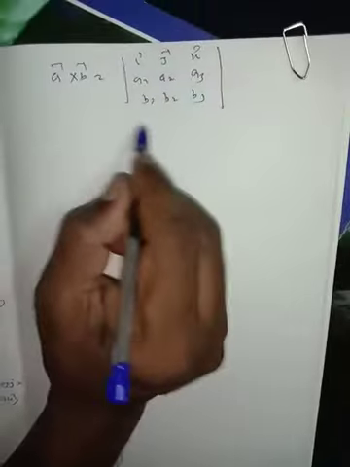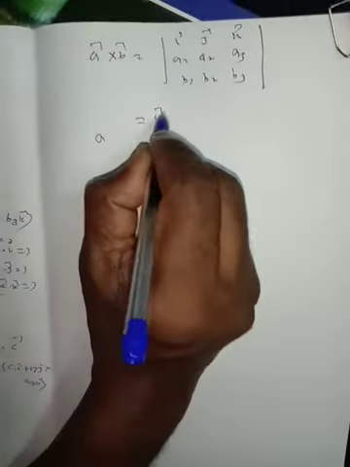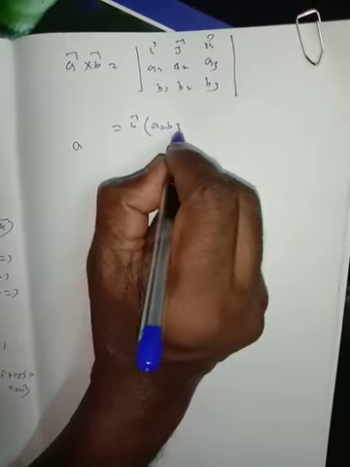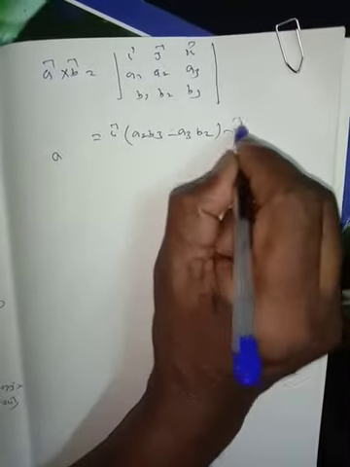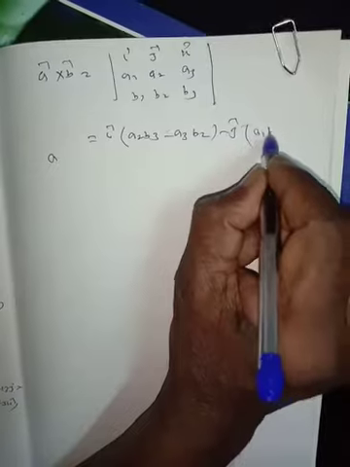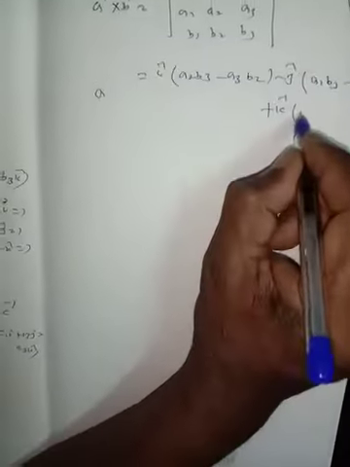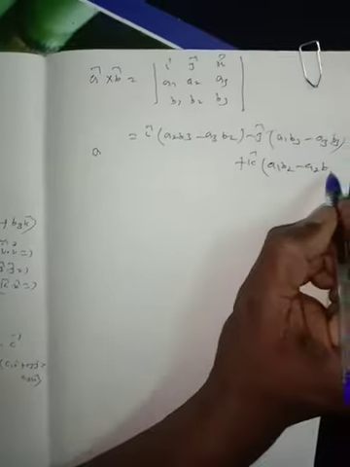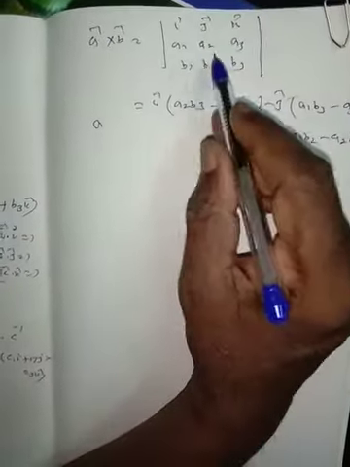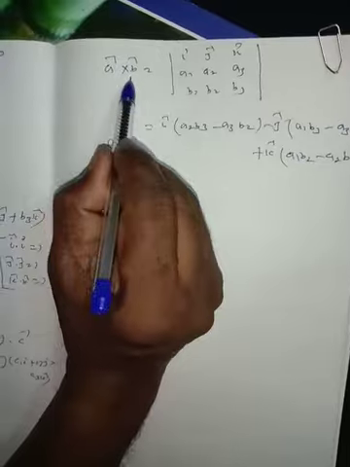Expanding we get the ijk form: i vector of a2 b3 minus a3 b2, next minus j vector of a1 b3 minus a3 b1, plus k vector of a1 b2 minus a2 b1. This is the vector double product.